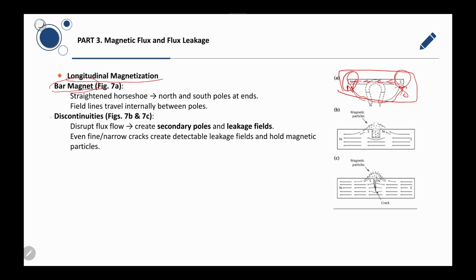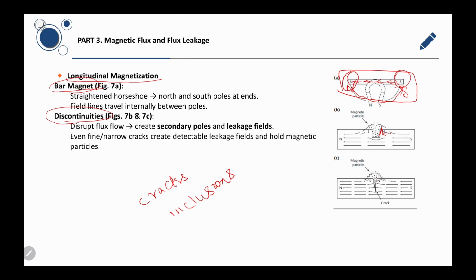Next we will see the discontinuities in longitudinal fields. Just like with circular magnetization, discontinuities like cracks, inclusions, and other flaws are problems for magnetic flux. When magnetic flux encounters a discontinuity, it disrupts the normal flow of magnetic flux.